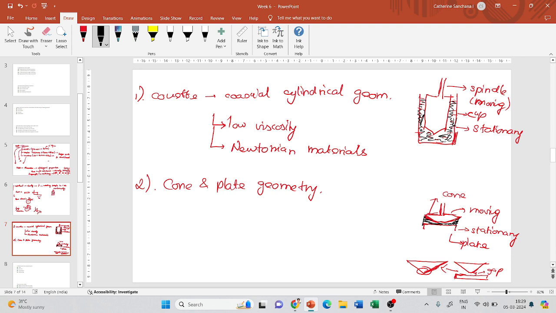Now this is for a cone and plate geometry. This is used again for low viscosity samples as well as viscoelastic fluid like samples.